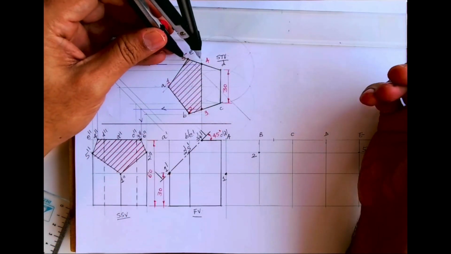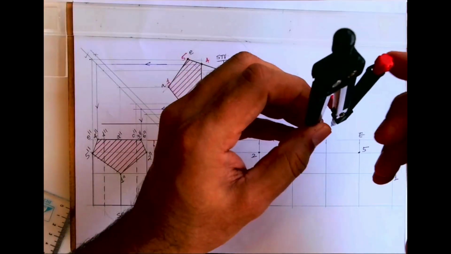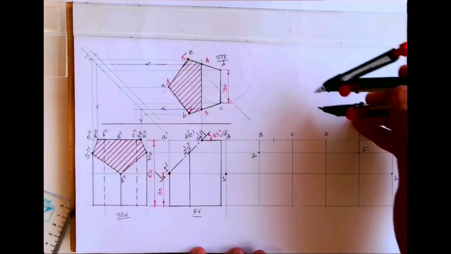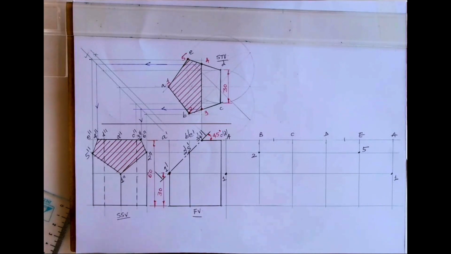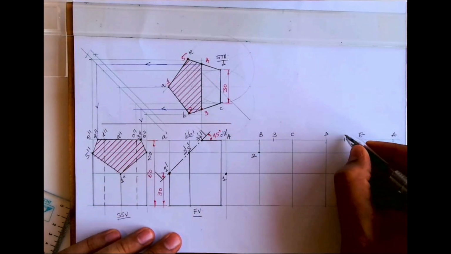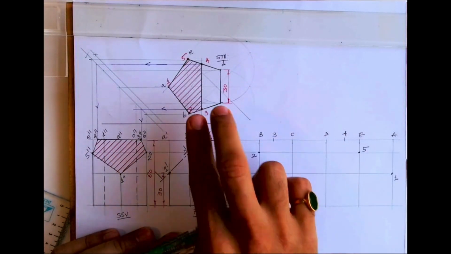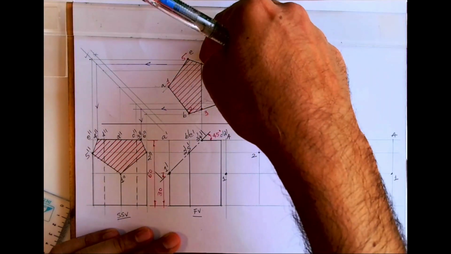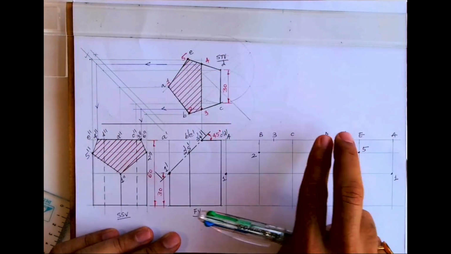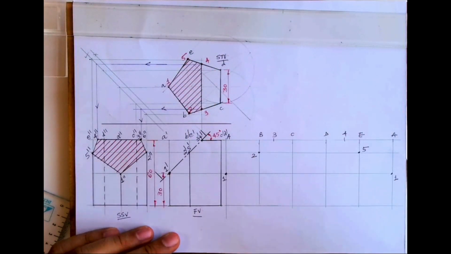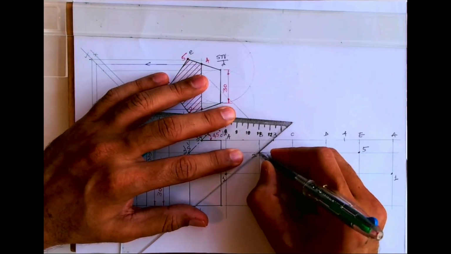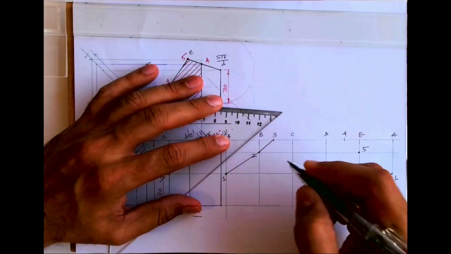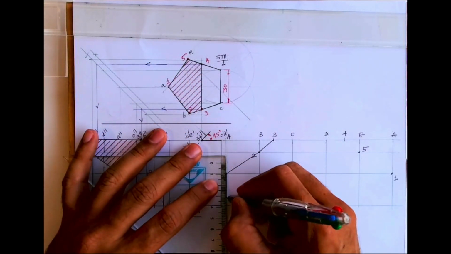Now we'll take E to 4. It's between ED, right? So take E to 4 and cut. You can do it from D to 4 also. See, you got this point, B to 3 and D to 4 or E to 4, whatever you want. Now you will join all these points. So what you will get? You will get the development.